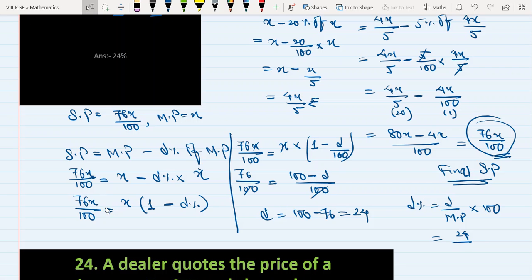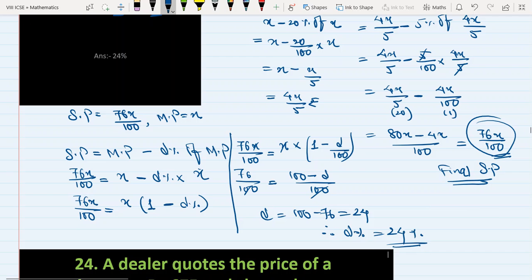Did I not write 1x? I think directly we are getting 24%. Why are we doing all this? Okay, so we can directly write, therefore discount percent is equal to 24%.